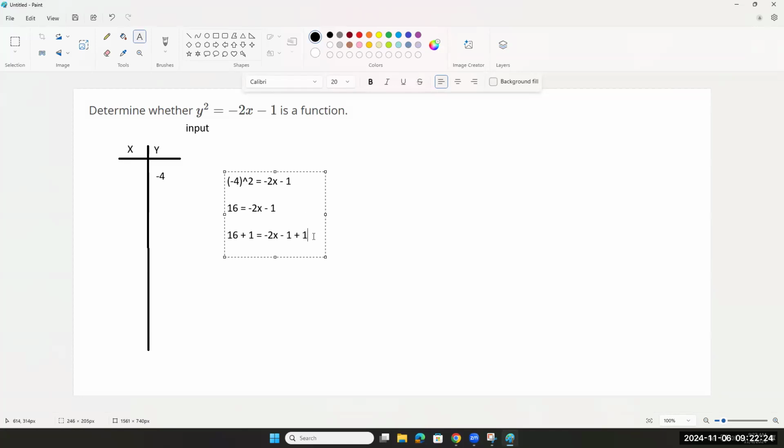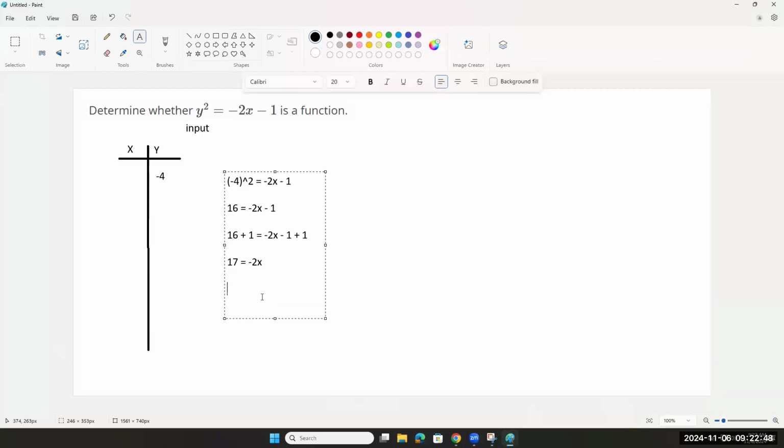And just bear with me. So that's a 17 minus 2x. And the last thing I need to do is divide both sides by -2. Divide both sides by -2.